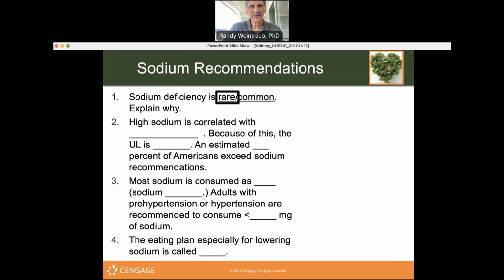Sodium deficiency is rare. Why is that? Well, sodium is very common in foods and water we take in. On the other hand, sodium is correlated with hypertension, or high blood pressure. Because of this, there's an upper limit, and that upper limit is 2,300 milligrams.